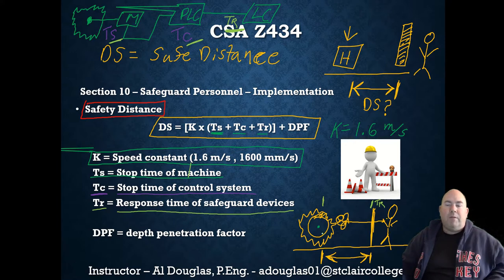How far can I travel in that distance? And then my DS should be just greater than that, and that will guarantee that I cannot reach this in time. Okay? So that is what this calculation is.